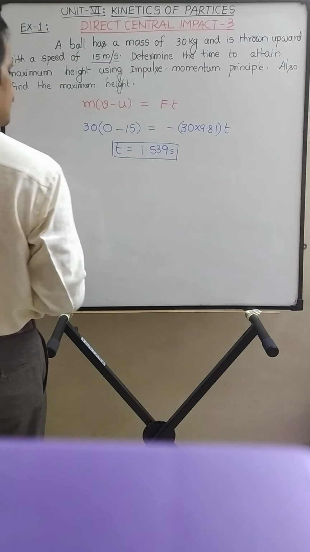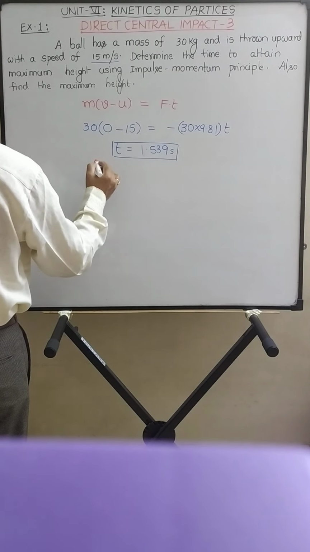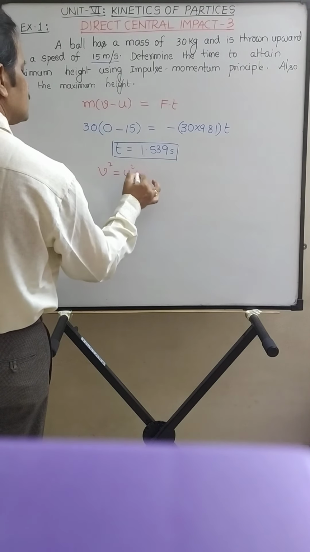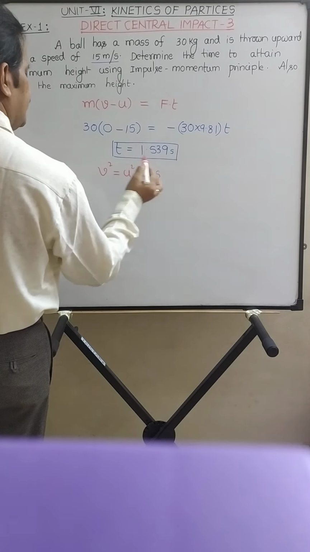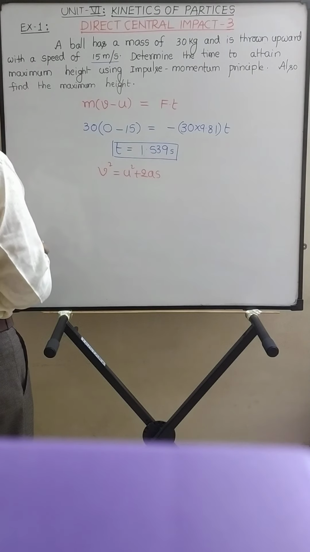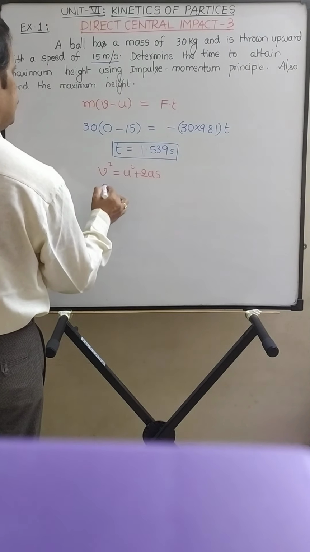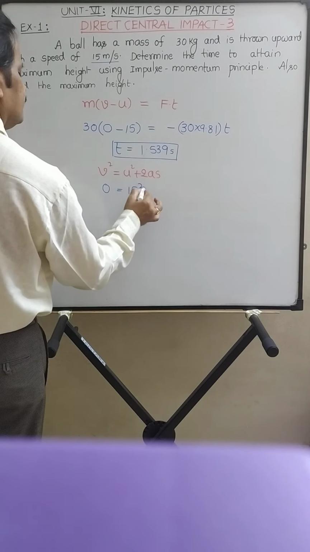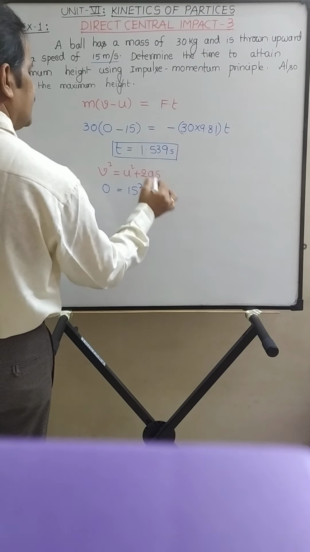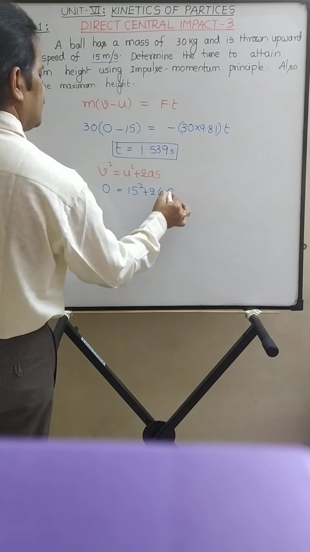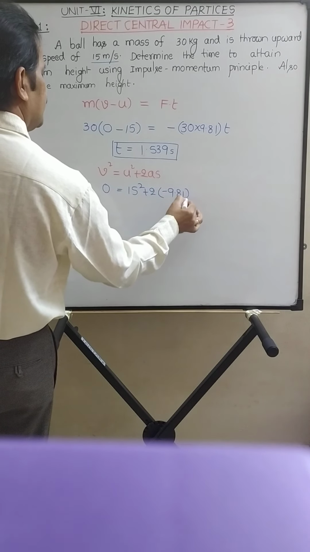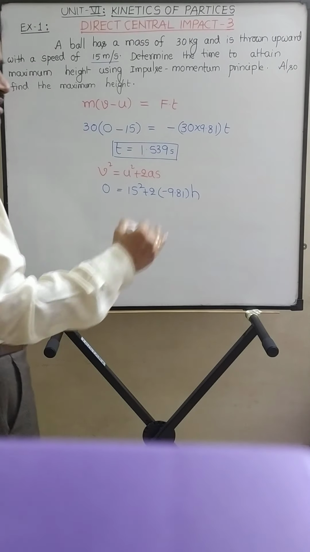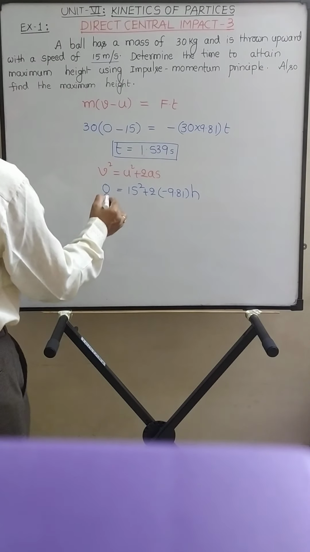So using equation of motion, v square is equal to u square plus 2as. So here v is the final velocity, u is the initial velocity, plus 2 into a, which is minus g, it is under gravity, minus 9.81, into s, the vertical displacement, that is the maximum height, h.